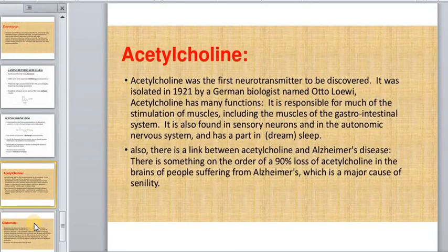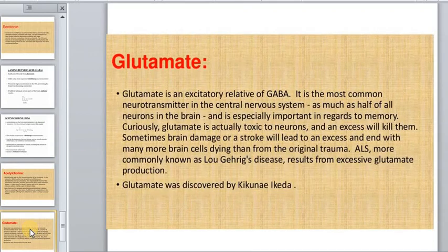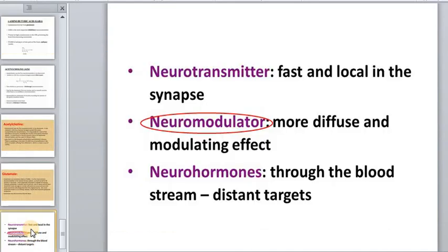We have known this molecule for almost 100 years. One more, glutamate, the most common brain neurotransmitter, regulates development and creation of new nerve pathways, and hence is involved in learning and memory processes.